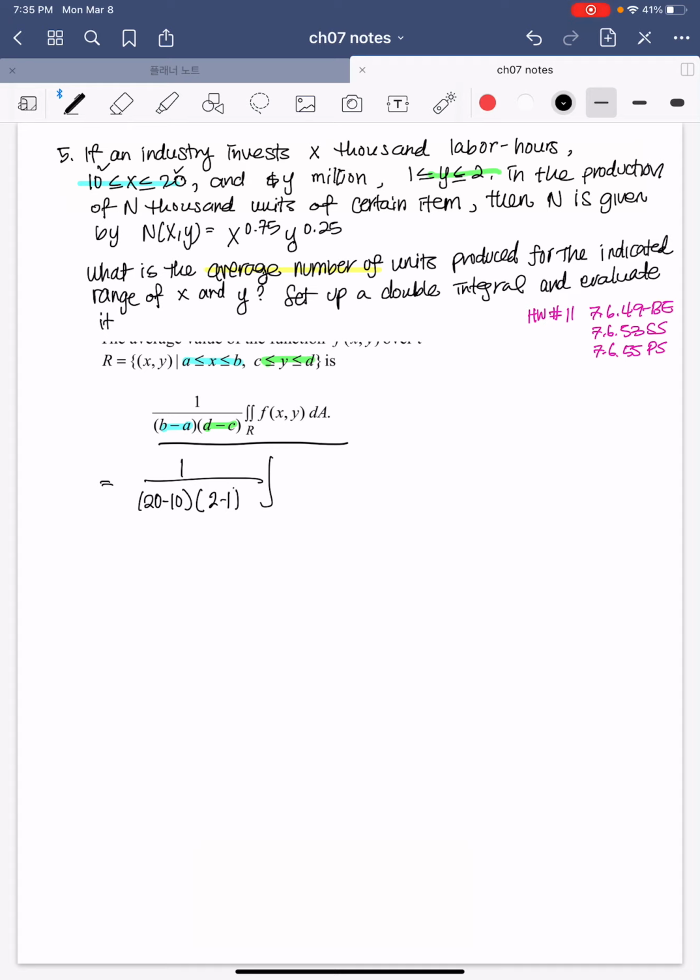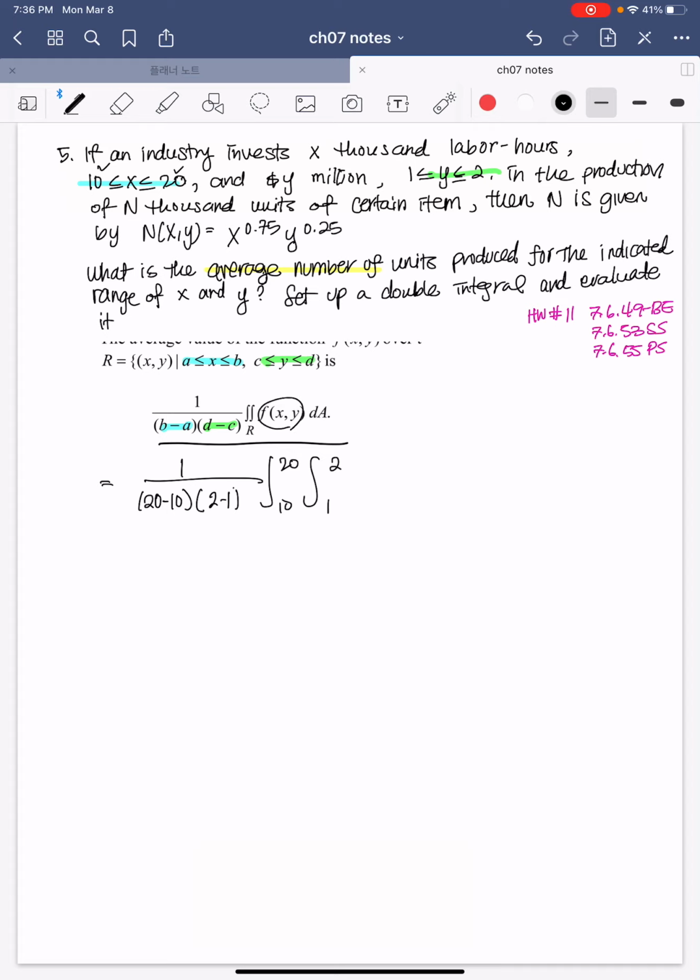Double integral. I just like to switch back and forth so you see the variety. This time I will evaluate dy dx. If you're using dy dx, x term first. So I have 10 to 20, 1 to 2, and then my function n of x comma y.